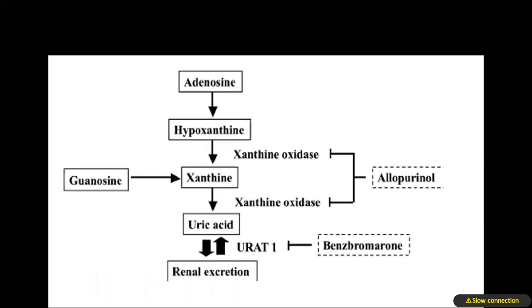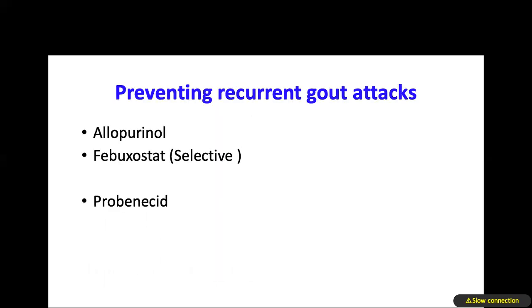This is to show you how allopurinol, the xanthine oxidase inhibitor, works. If you want to prevent recurrent attacks, it's like in bronchial asthma: to prevent attacks, you have to take long-term inhaled steroids and modify your risk factors. In gout, you have to take long-term allopurinol if you meet certain criteria, or febuxostat.